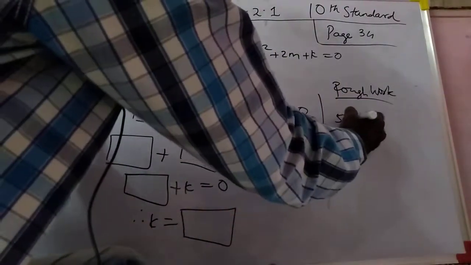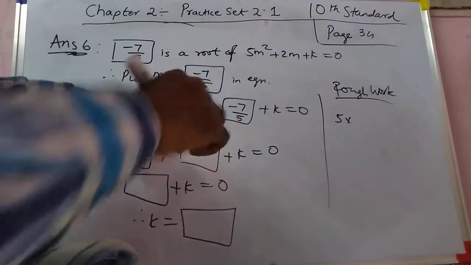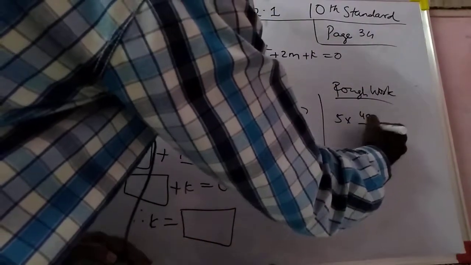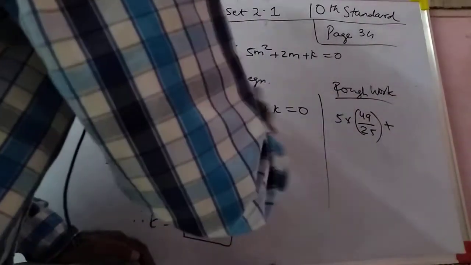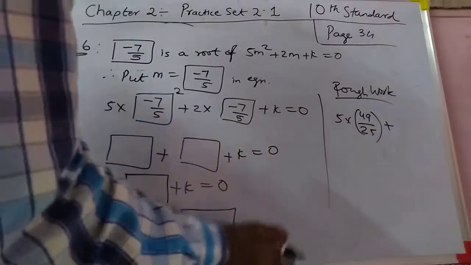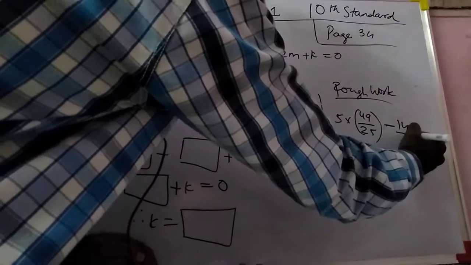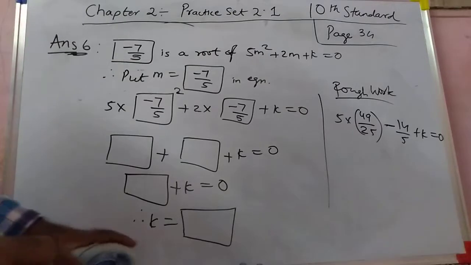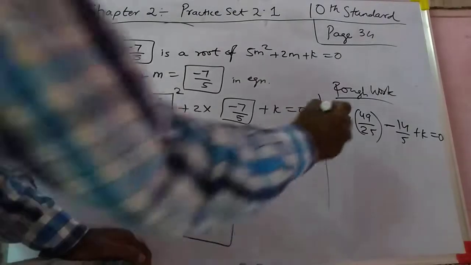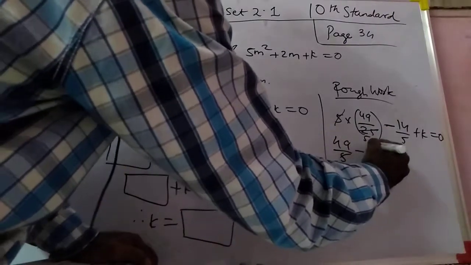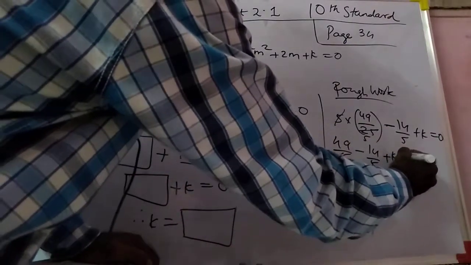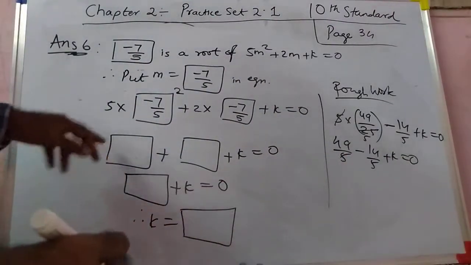So it is 5 into, it will become minus, means it will become 49 upon 25 plus, so it is minus plus, so it will become minus 2 into 7, 14 upon 5 plus k is equal to 0. Okay. Now you can cut this 5, so it will become 49 upon 5 minus 14 upon 5 plus k is equal to 0. That you will write it here, okay.